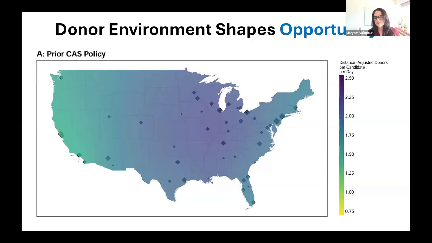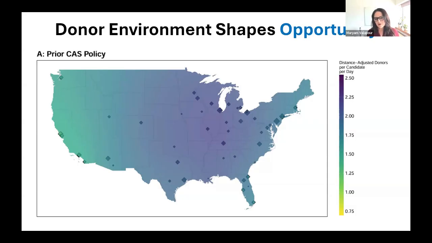I'll admit when I looked at this figure first, it really surprised me. Like many people in transplantation, I've spent years thinking of geography primarily through the lens of distance. But when we mapped out donor opportunity this way, it became clear that donor environment was shaping opportunity in ways I had not fully appreciated to this point. So the answer to that question appears to be yes, donor environment does shape donor opportunity.